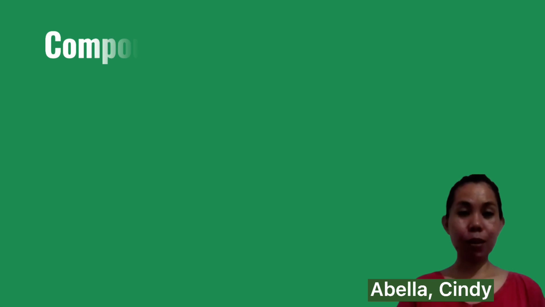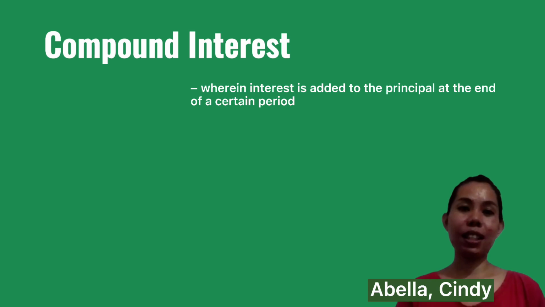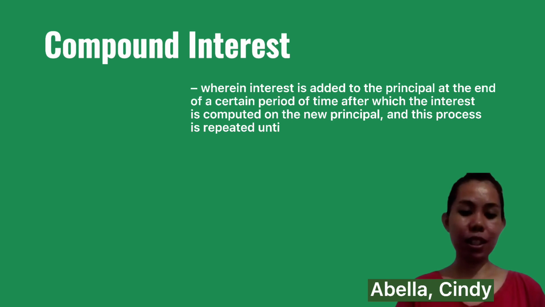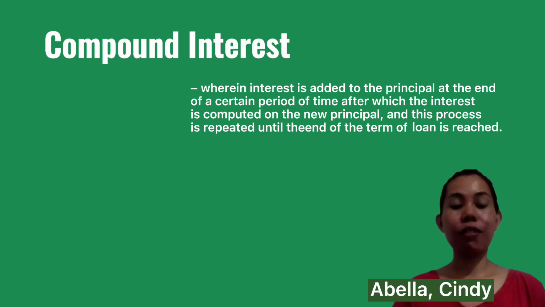So let's proceed to compound interest. So what is compound interest? Compound interest is wherein interest is added to the principal at the end of a certain period of time, after which the interest is computed on the new principal, and this process is repeated until the end of the term of the loan is reached.